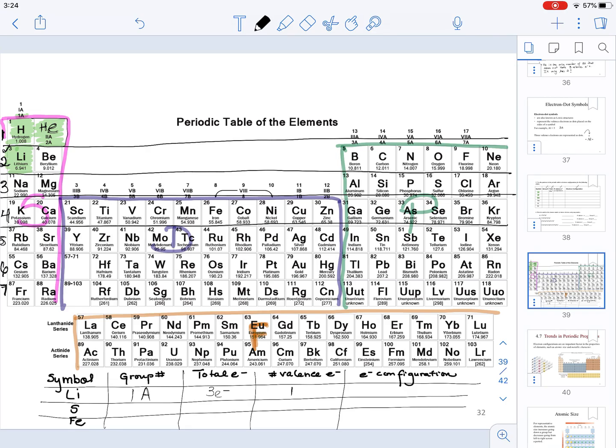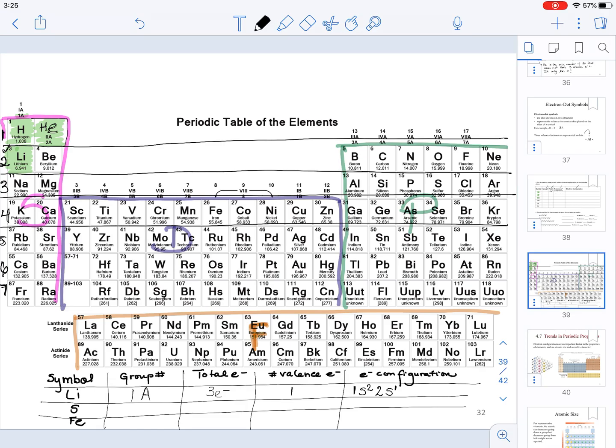Okay, so for lithium, on level 1, we have 2 boxes on S, the hydrogen and the helium. And then on level 2, on the S block, we only have 1 box to get to lithium, okay? So that is the electron configuration for lithium.